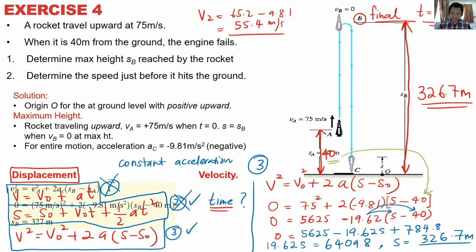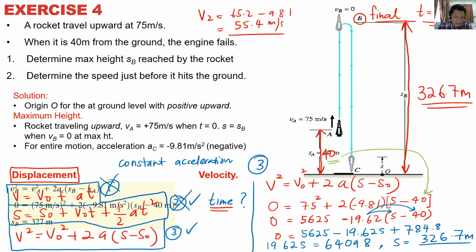So now you can check lah, what is the actual value. So the actual value, the answer is so short. You can check here. 327. Betul lah tu, 326.7. So that's why you have to listen to videos, attend lectures.